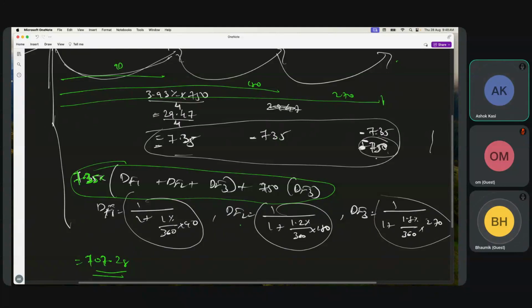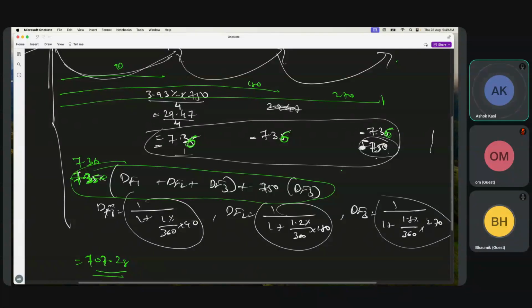Okay, do one thing. Just calculate again, taking 7.36, and see how much it comes to.